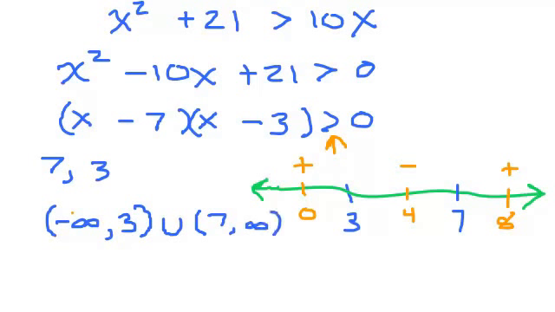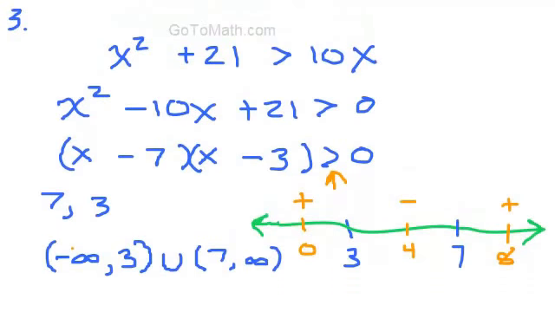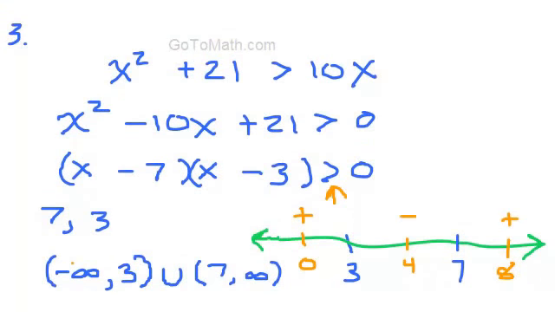So we'd end up setting this up as two separate inequalities, where x is greater than negative infinity, less than 3, and then we would write the other inequality as x is greater than 7 and less than infinity, and I'll leave that to you. Okay, so this is pretty easy. We're finding the solutions to this inequality up here.